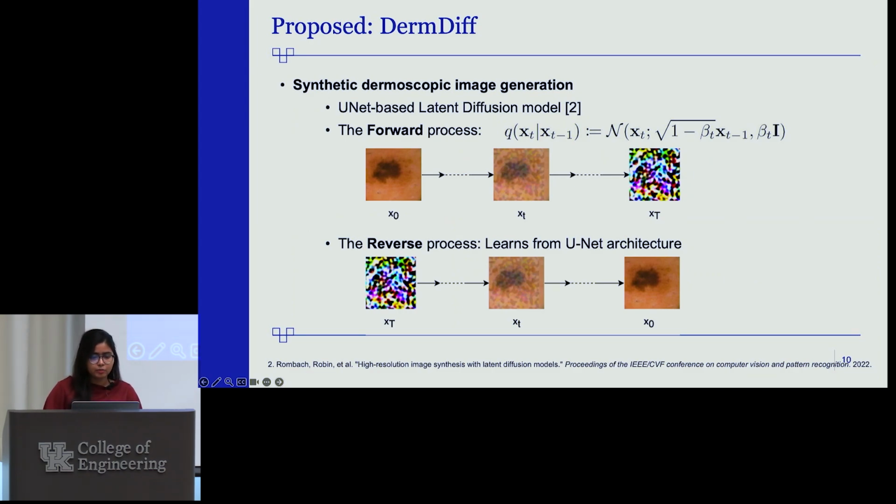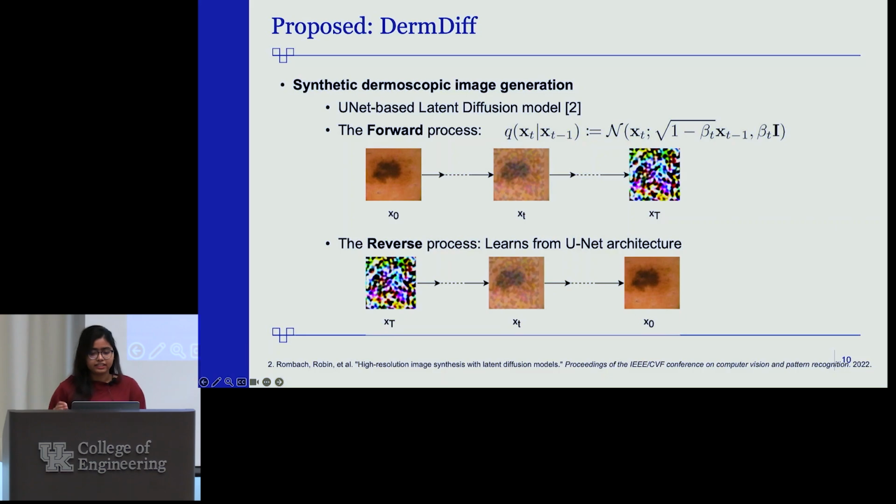Our diffusion model is a UNet-based latent diffusion model. DermDiff is a generative model with a denoising diffusion process, which has a forward process and a reverse process. The forward process gradually adds Gaussian noise to a dermoscopic image until it turns into totally distorted noise. It's a simple process. It does not require any training. It can statistically convert any image into noise.